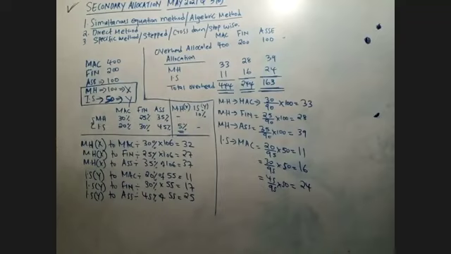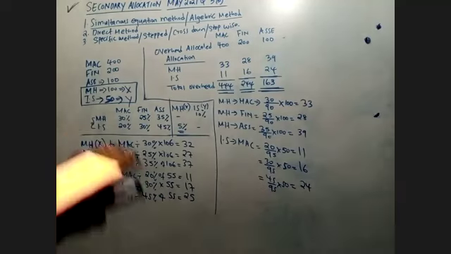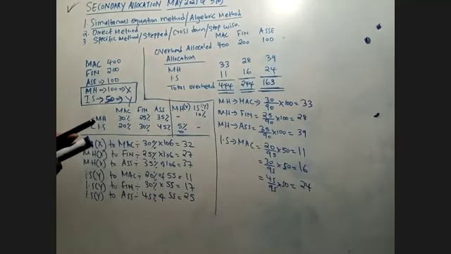So kwa hii swali hii lazima tufanye. We need to close down. Once we close down, we use the direct method. So the first thing you need to remember, let me see.